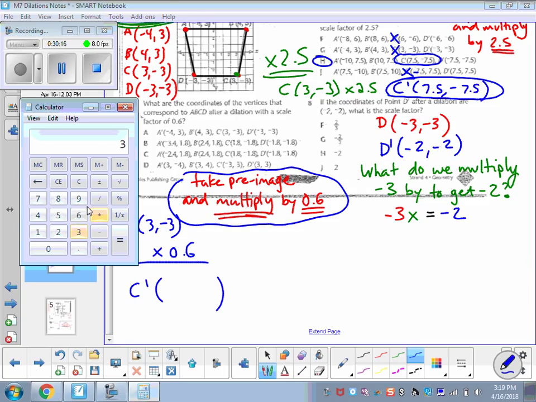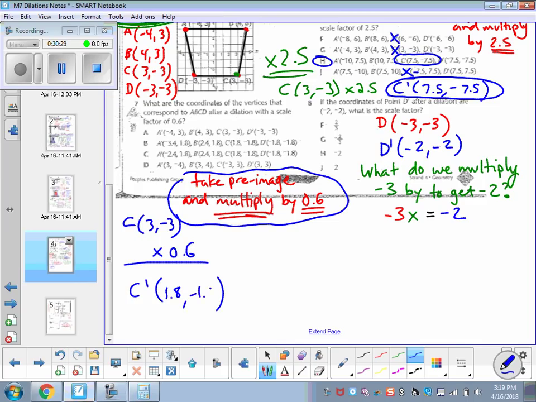Whoops, not 0.06, just 0.6. We get 1.8, and then it'll be a negative 1.8. So C prime, 1.8, negative 1.8. That narrows it down.